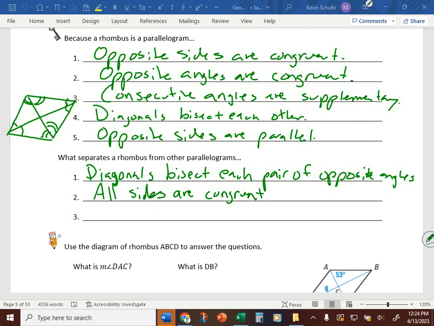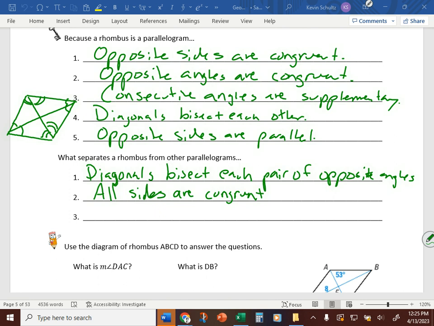Is it that, like, where the center of the figure is? Very, very close. What Ellen asked is, at the center where the diagonals intersect, are those sections congruent? No. Well, that's true for all parallelograms, but it does have to do with the center.